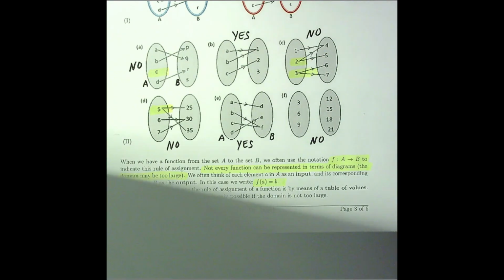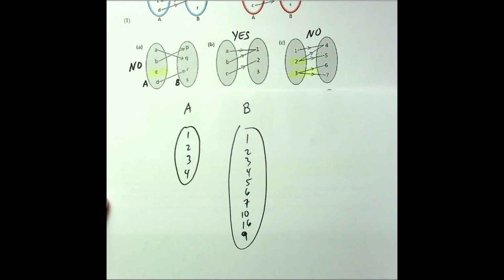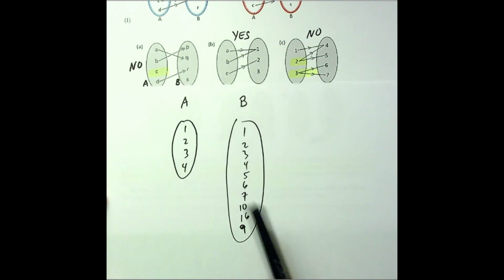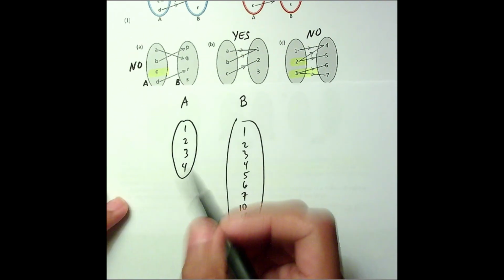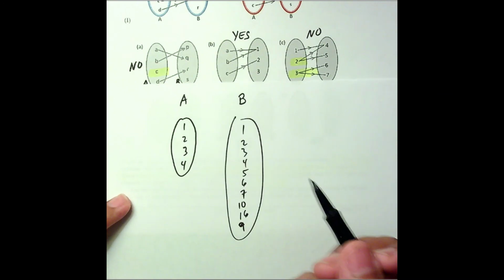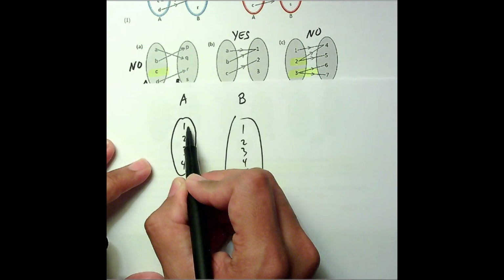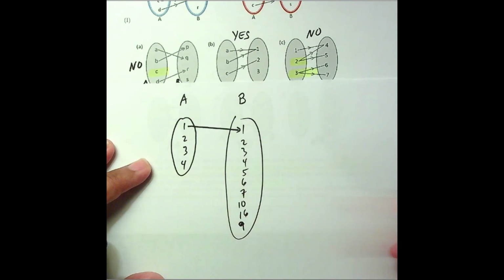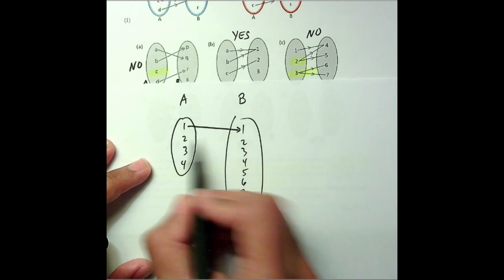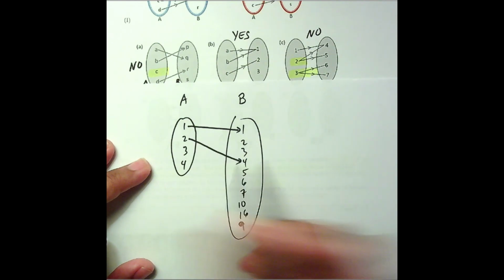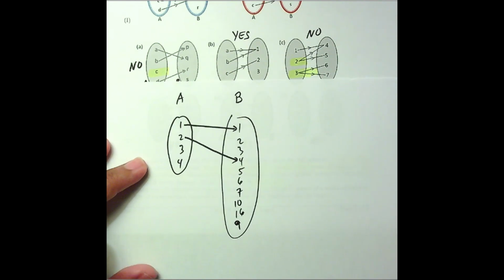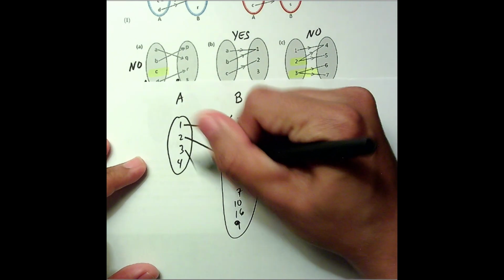So one last example here. Suppose that this is my set A and that's my set B, and to each element in A I associate its square. So that means 1 is associated to 1 because 1 squared is 1. 2 is associated to 4 because 2 squared is 4. 3 is associated to 9.